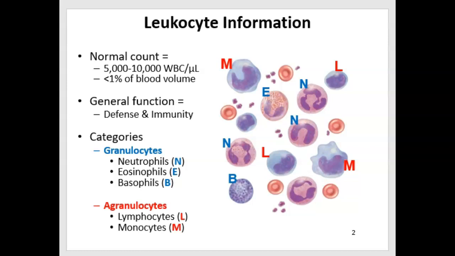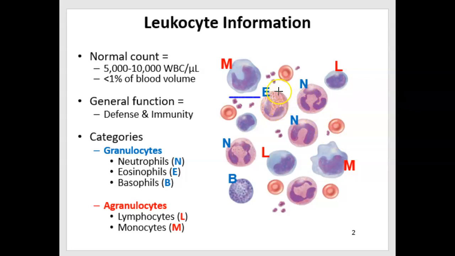And there's two categories of white blood cells. Those that are called granulocytes and those that are agranulocytes. And this refers to the visible granules that you can see in the cytoplasm of some cells. For example, the cell labeled E in the diagram, you can see these bright pink circles in the cytoplasm.